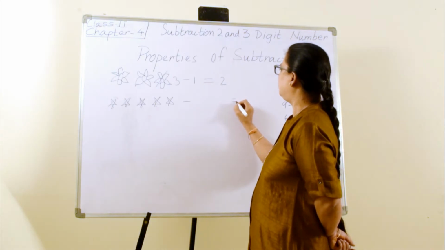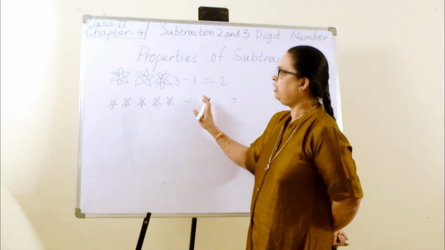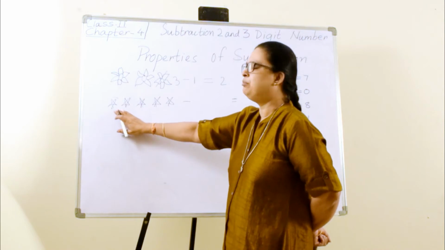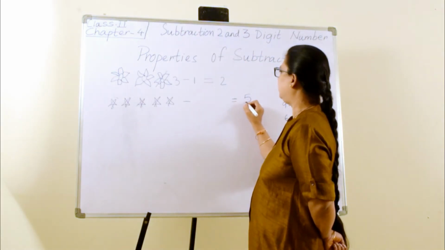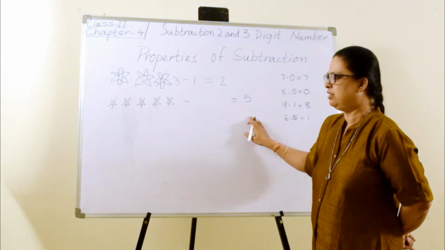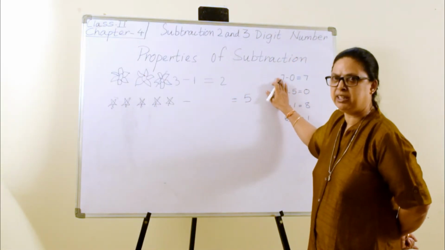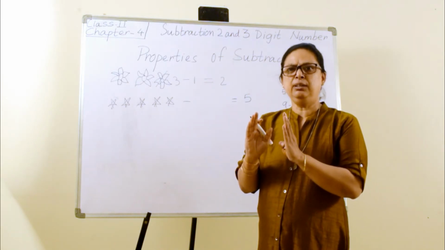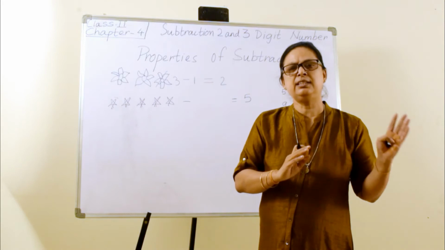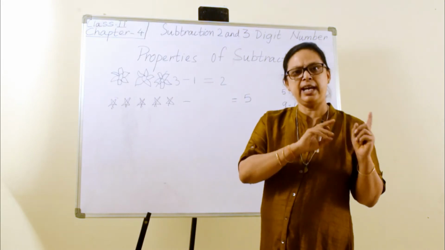Is equal to how much? You did not remove anything from this, so the number remains the same. So you will get 5. The difference is again the same number. So this is one of the properties of subtraction. Whenever we subtract 0 from any number, the result or the difference is the same number.